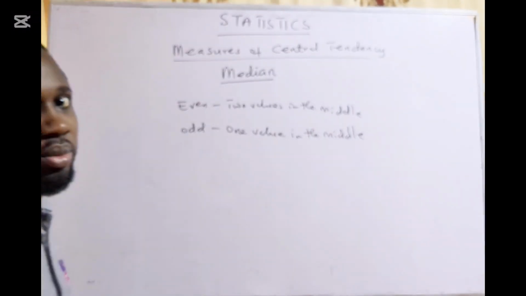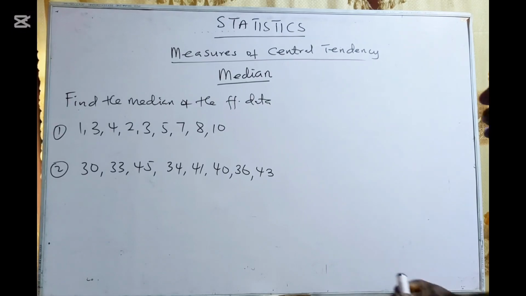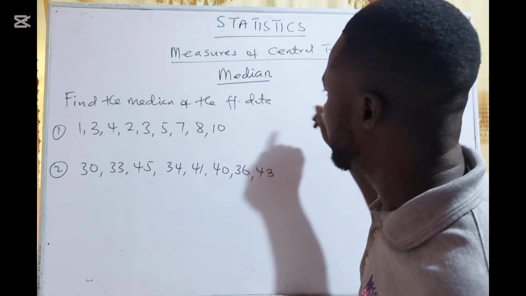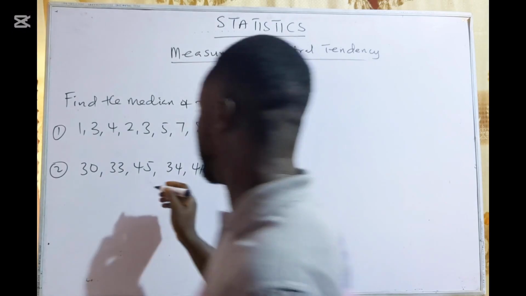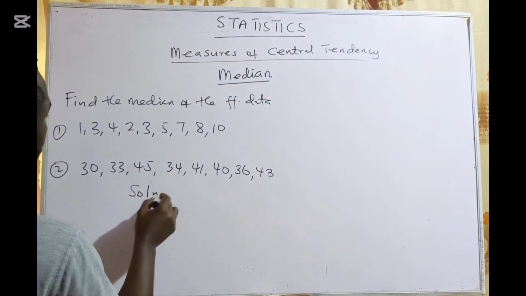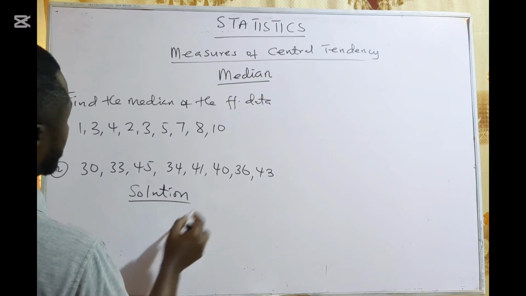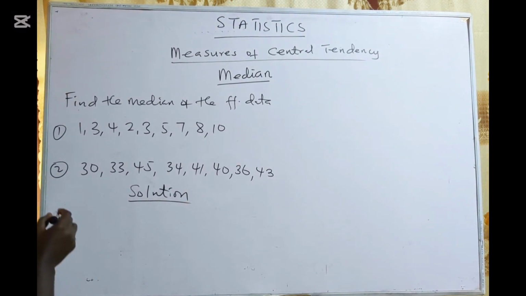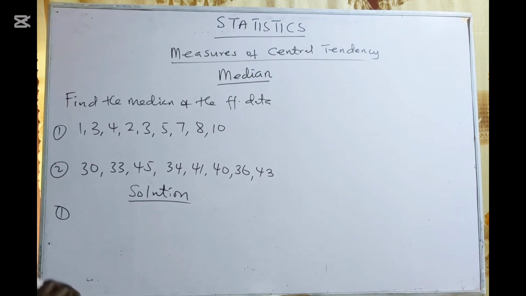So let's look at some examples right now. Find the median of the following data. We are going to look for the middle value. Number one, make sure you arrange the data in order.